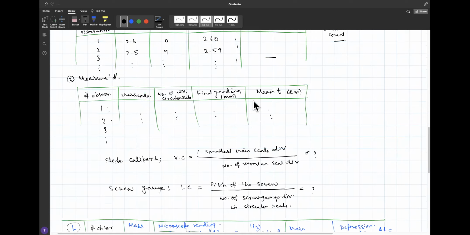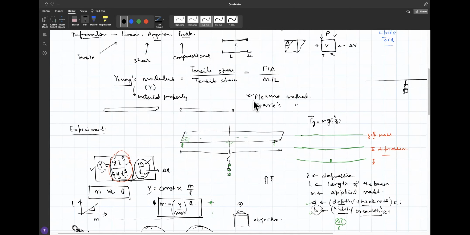But I also want you to go back and think: is it true that the mass is homogeneously distributed? It could be that there is a very non-homogeneous mass distribution. But you can always make something more complicated. This is a very simple experiment, and we are trying to simplify it, so we are not considering the mass of the beam.